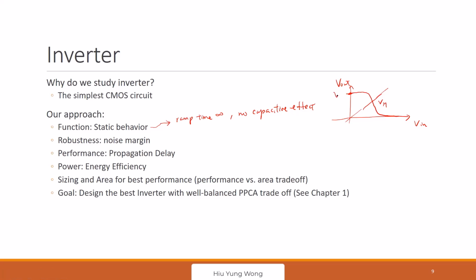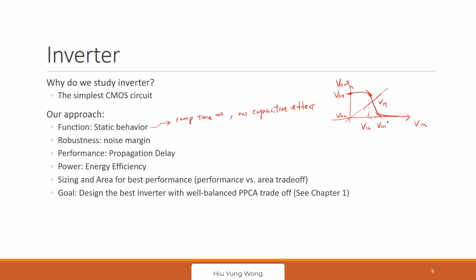VOH. VOH, good. How about the lowest output? VOL. VOL, thank you. How about these 2 points, which give us slope -1? VIL and VIH. Thank you. Thanks for everyone, for those who also answered.